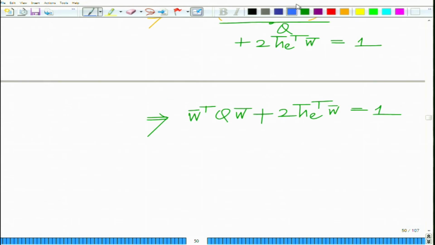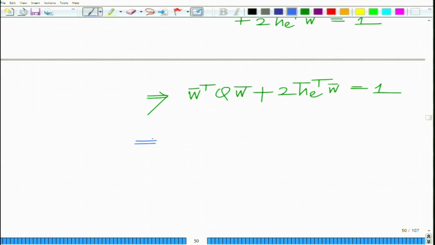Okay, very good. Now, what we are going to do is substitute the solution for the optimal beamformer. Remember, W bar optimal is minus lambda R plus lambda Q inverse H bar E. Once you substitute this expression for the optimal beamformer, you will get the following expression.